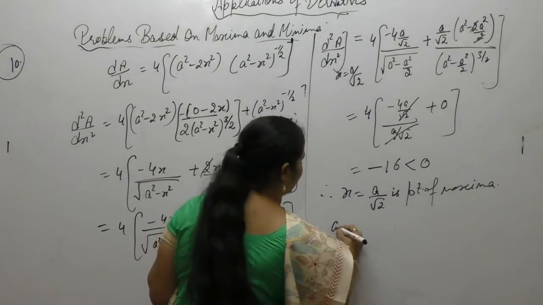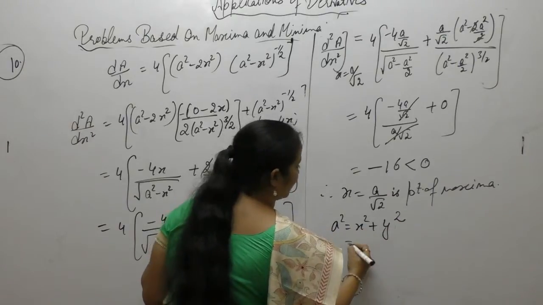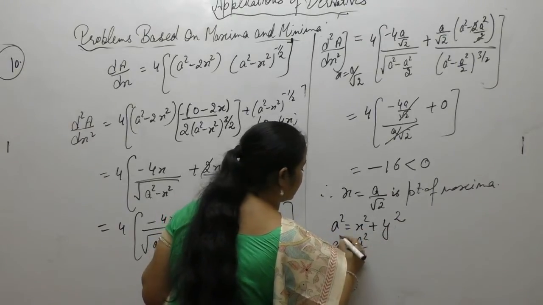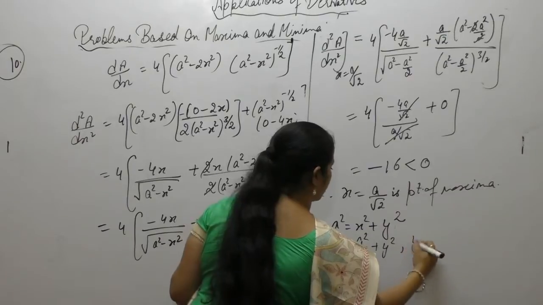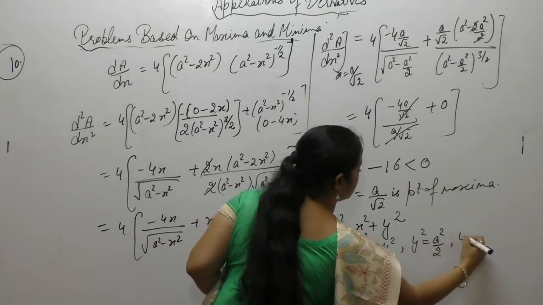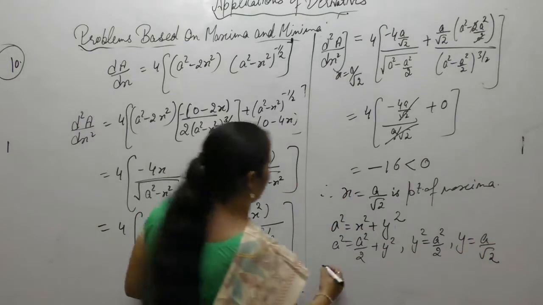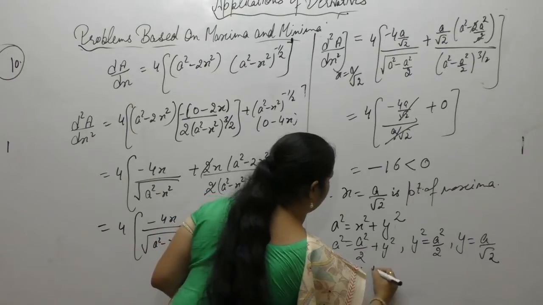We have a square is equal to x square plus y square. Put the value of x here. y square is 2a square minus a square, a square by 2. y is a upon root 2. Therefore, x is equal to y.